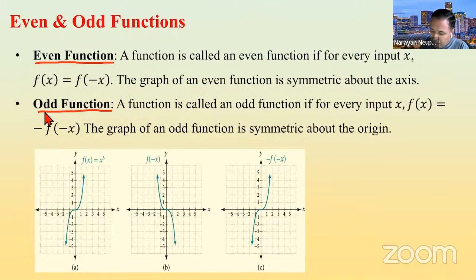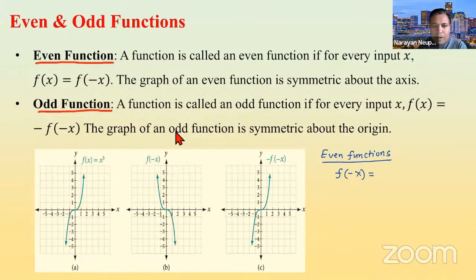When we say even functions, let me write here. These are the functions that satisfy this condition: f of negative x.